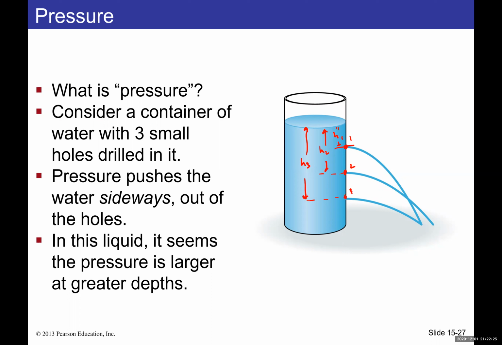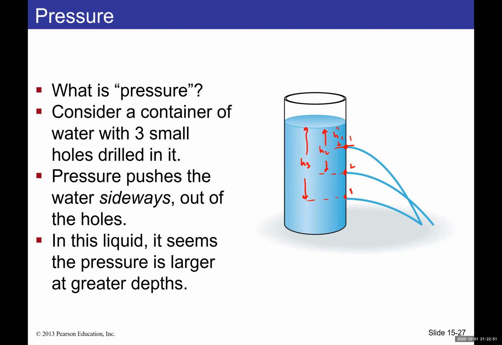If you poke a hole, the molecules are going to go through the hole with the same intensity they would have if they collided with the wall. As soon as they come out of the holes, gravity is going to pull them down, so this is basically like a projectile. The idea is to see which one is going to come out with the larger velocity.